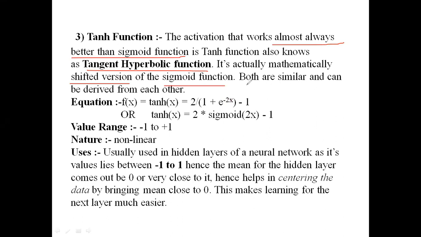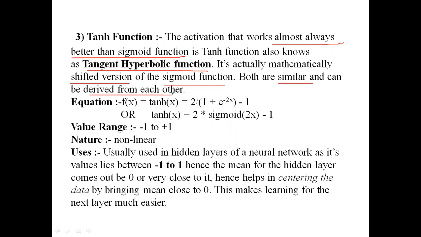Both the sigmoid function and the tan function are similar and can be derived from each other. The tan function is derived from the sigmoid function, and the sigmoid function is derived from the tan function.